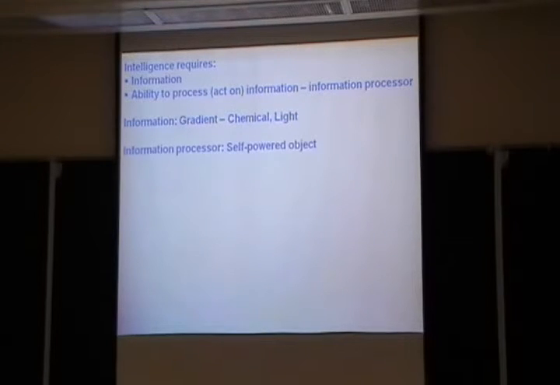So how do I input information? Well, how does biology input information? Mostly through gradients. Chemical gradients, light gradients, thermal gradients. Those are the typical examples of information input in biology. And the information processor is the self-powered object.